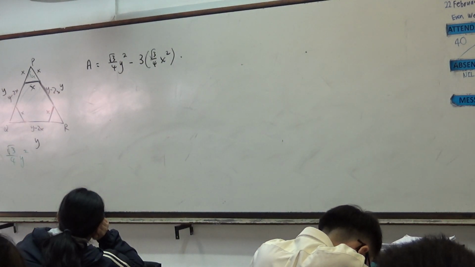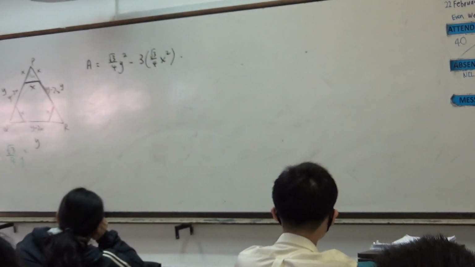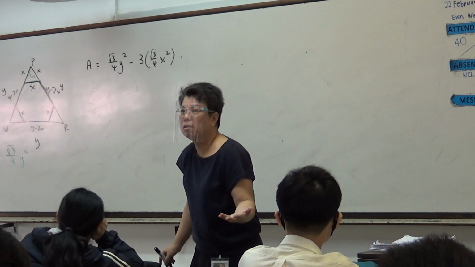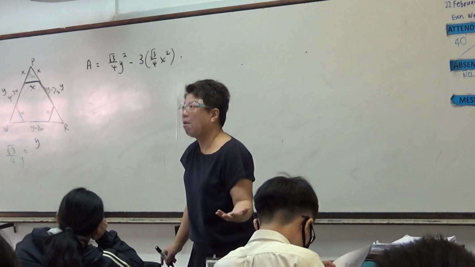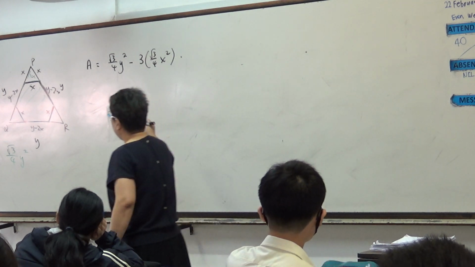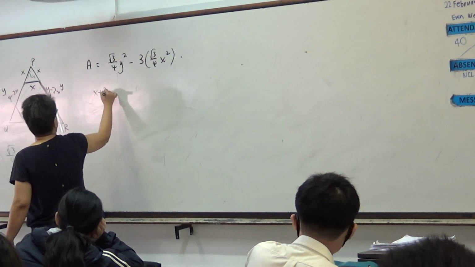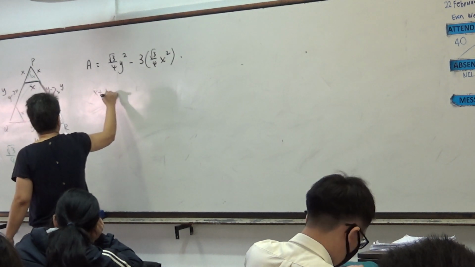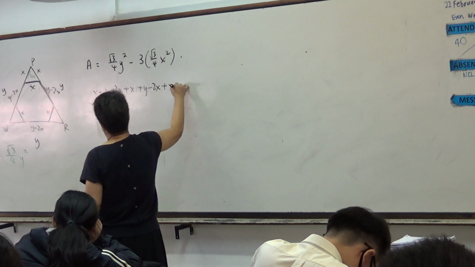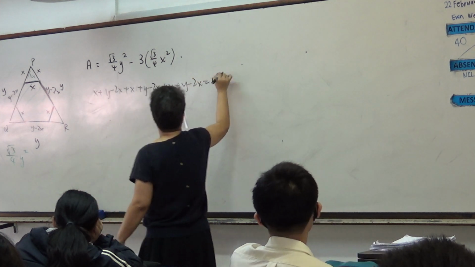The perimeter, everybody okay? The question tells you the perimeter is 18, right? So I will have x plus y minus 2x plus x plus y minus 2x plus x plus y minus 2x must give me 18, right?